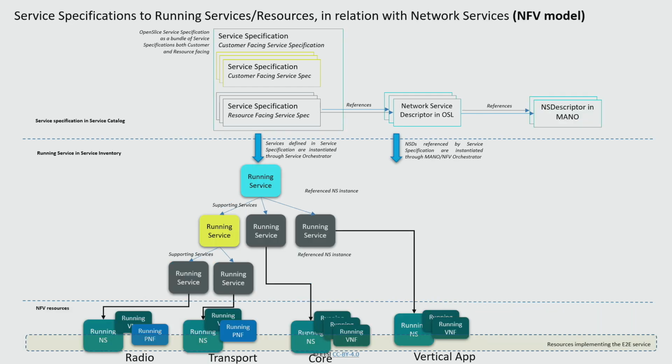A similar concept is followed for the NFV model. So the respective resource-facing services now reference network service descriptors, which are synced by underlying registered NFVOs. By the same concept, we have running services that reference a network service running in the NFVO.